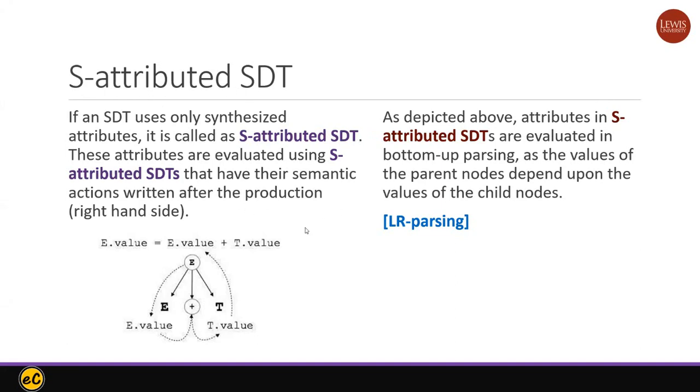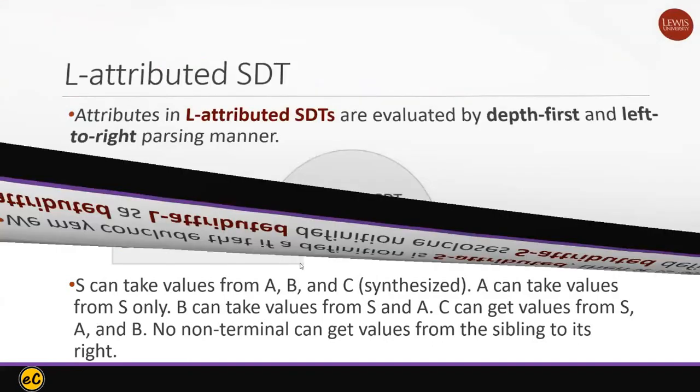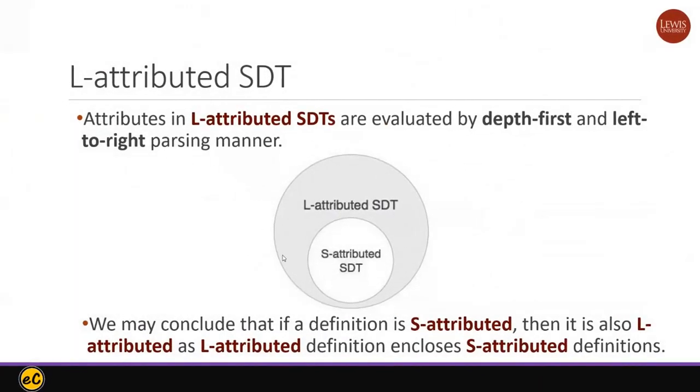Here, S is a synthesized attribute. Now we have another one called L attribute SDT. L attribute SDT is for the inherited type. So in L attribute SDT, a non-terminal can get a value from its parent and other nodes.